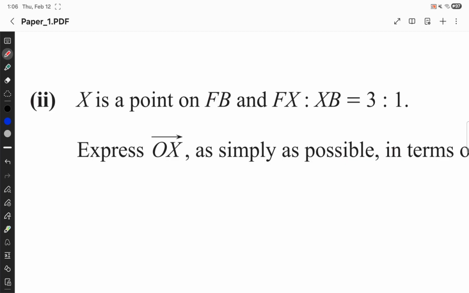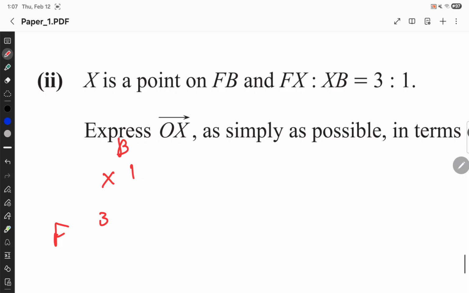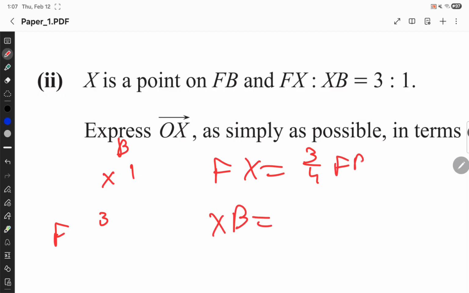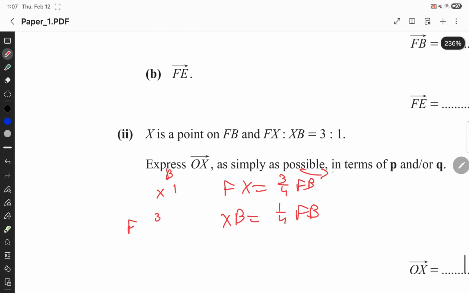We know 3 and 1 add up to 4, and we can deduce FX is 3 parts of 4 and XB is 1 part of 4. So FX is equal to 3 over 4 FB, and XB is equal to 1 over 4 FB, the FB vector.